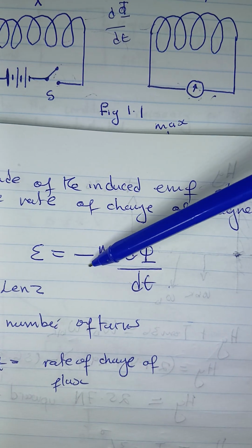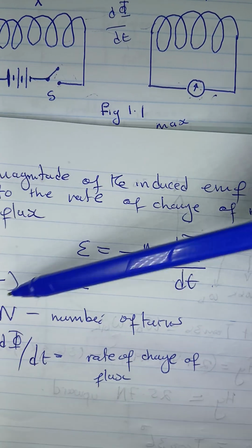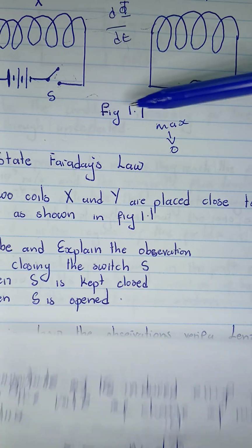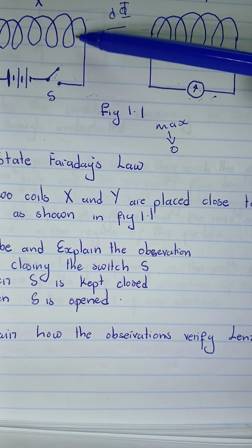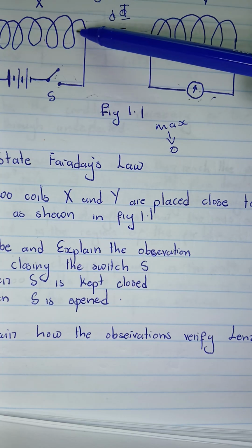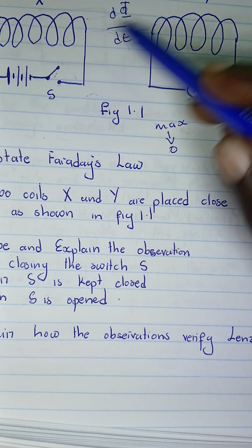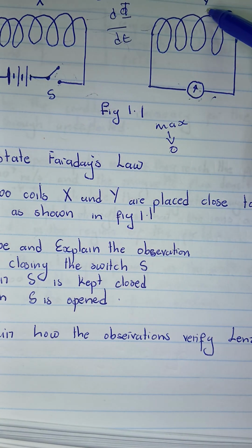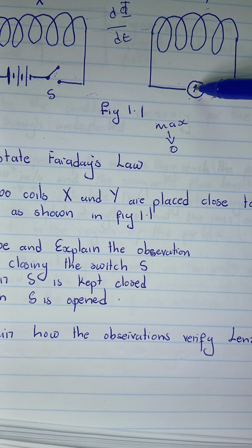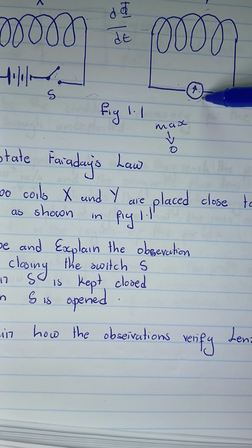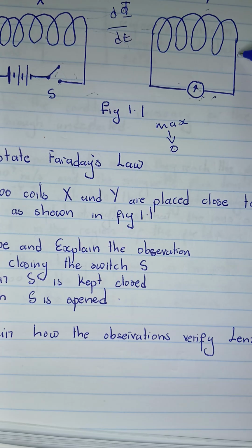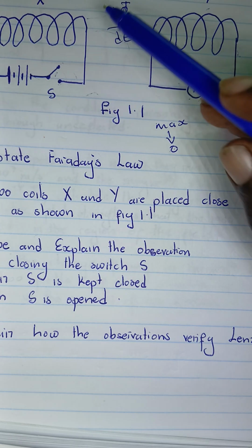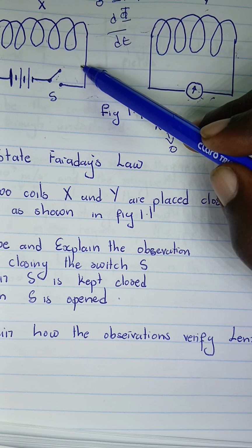Remember our equation, the negative comes from Lenz's law. The induced EMF will be opposing the magnetic flux produced by this coil. So when you close here, the current moves towards this one, but the galvanometer deflects in the opposite direction, which proves Lenz's law: the current induced here moves in the opposite direction to the current in the other coil.